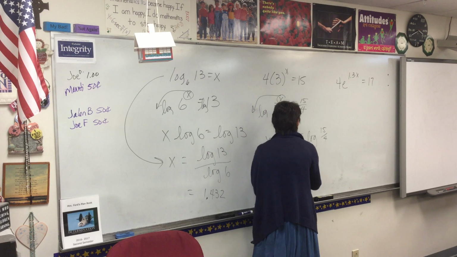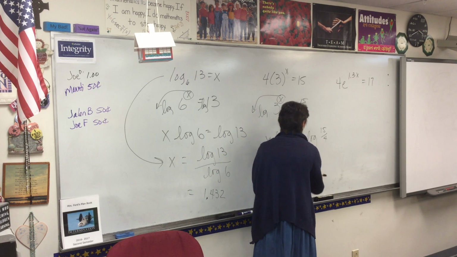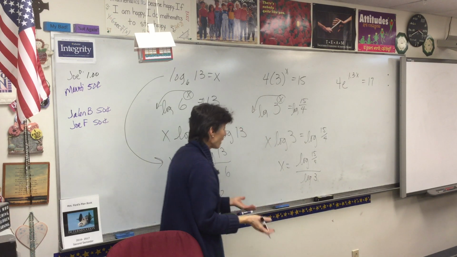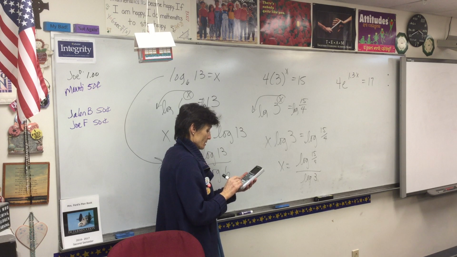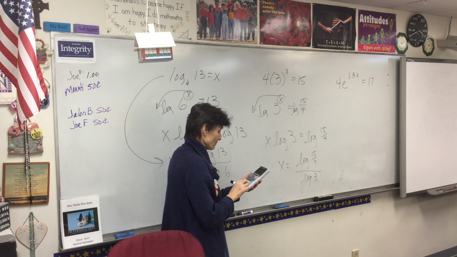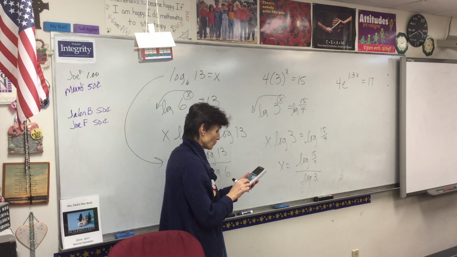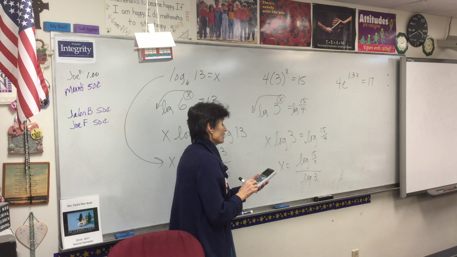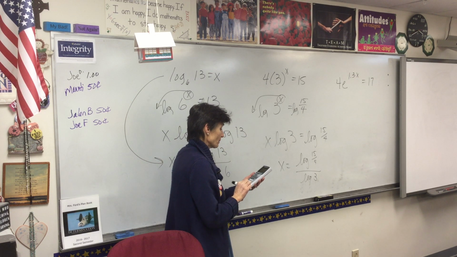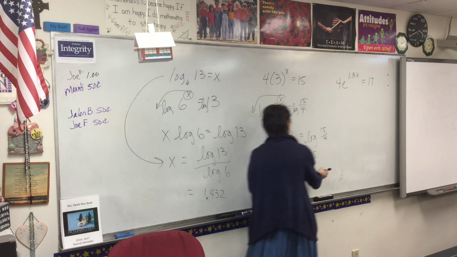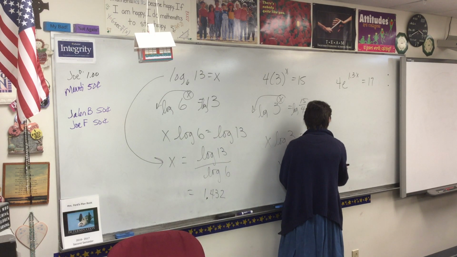So then x is going to be the log of 15/4 divided by the log of 3, or the log of 3.75 divided by the log of 3. And one more time, because some of you didn't do this on your quiz, what do I have to remember when I type this into my calculator? Parentheses, parentheses, parentheses. So 1.203? Yes.